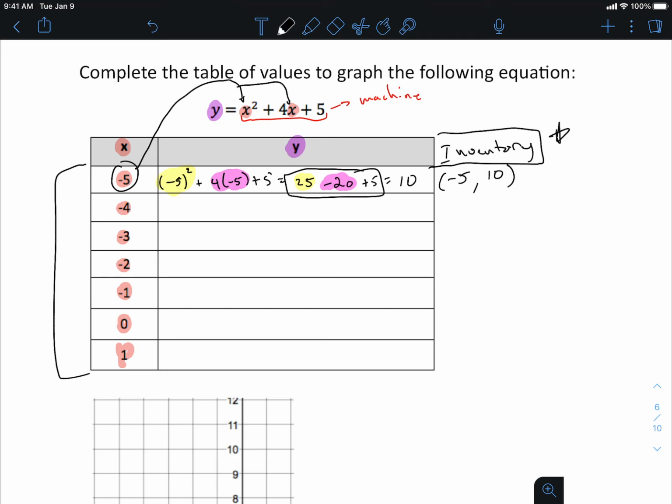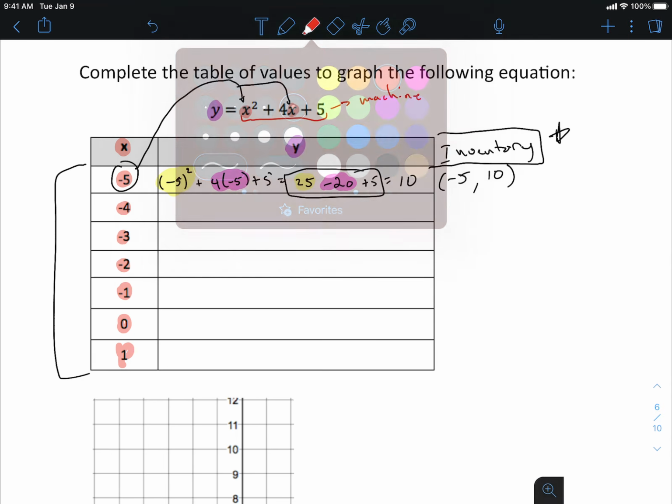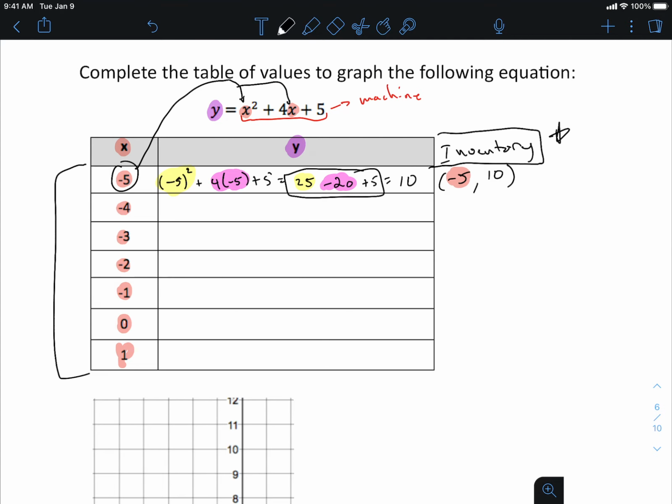So you have an inventory of what you started with and what you ended up with, right? Here's what I started with, and here's what I ended up with. And you're going to do that for all of your inputs that you walk into the shop with. Okay? It's going to keep track of what you have.